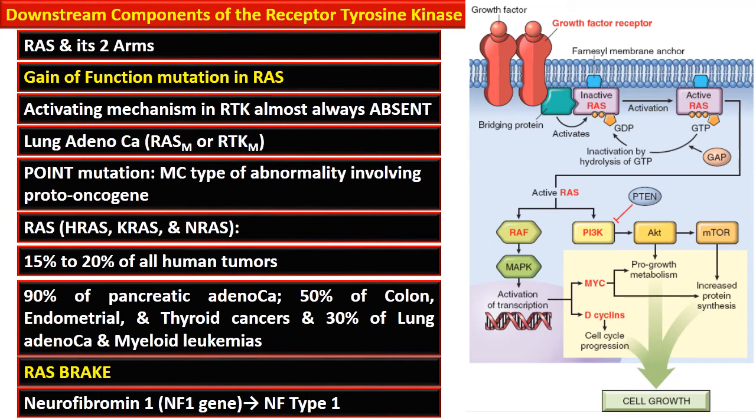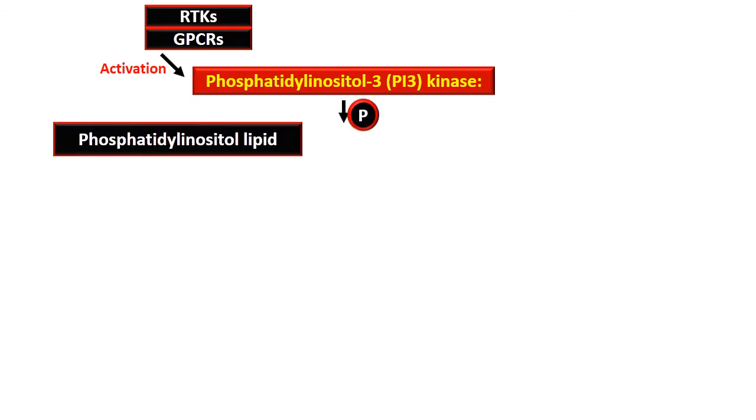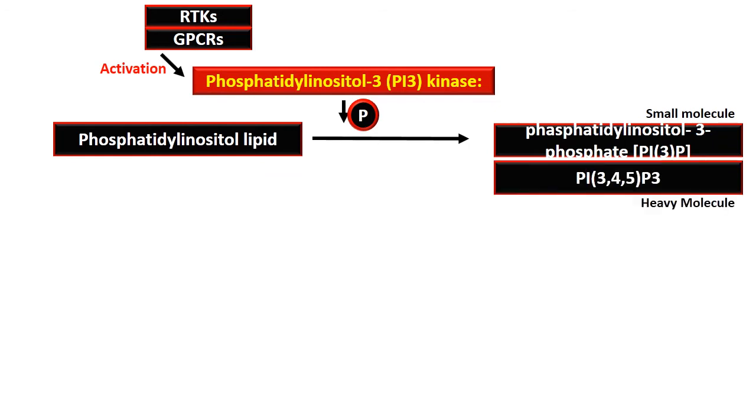as happens in neurofibromatosis type 1. The phosphatidyl inositol 3 kinases are activated by receptor tyrosine kinase and G protein coupled receptors, and they phosphorylate phosphatidyl inositol lipids and are responsible for the formation of phosphatidyl inositol 3 phosphate, PI3P, or phosphoinositol 3,4,5 triphosphate, PIP3.